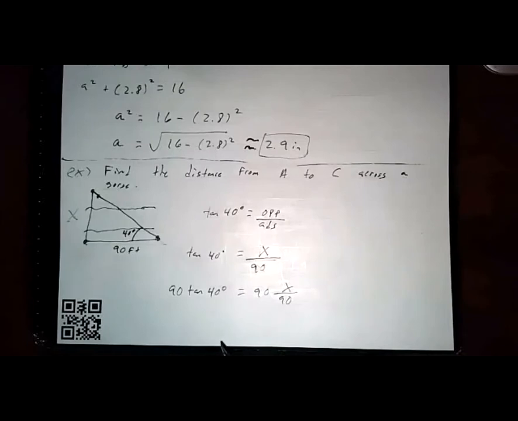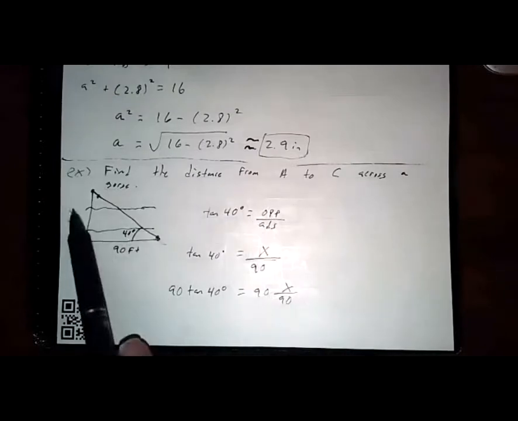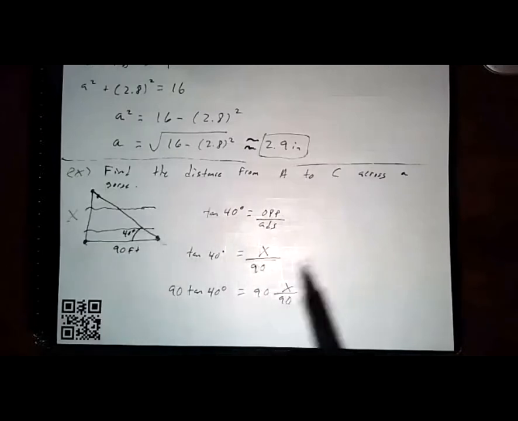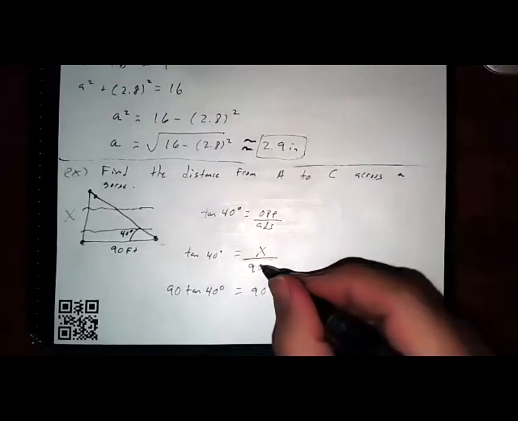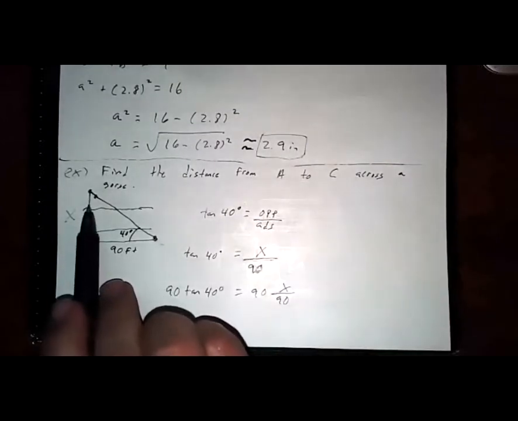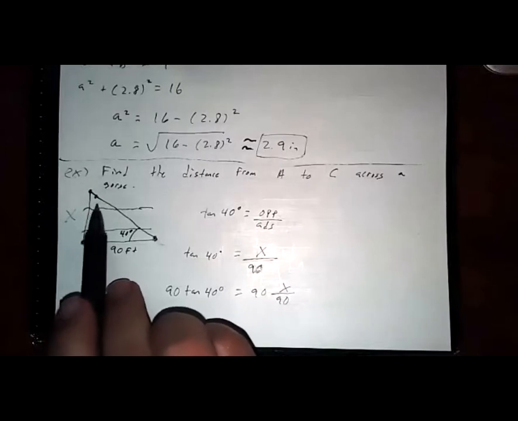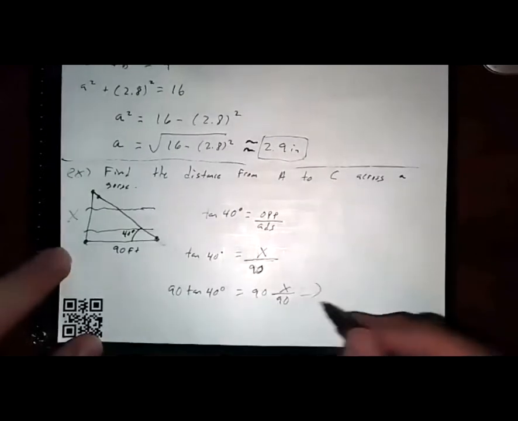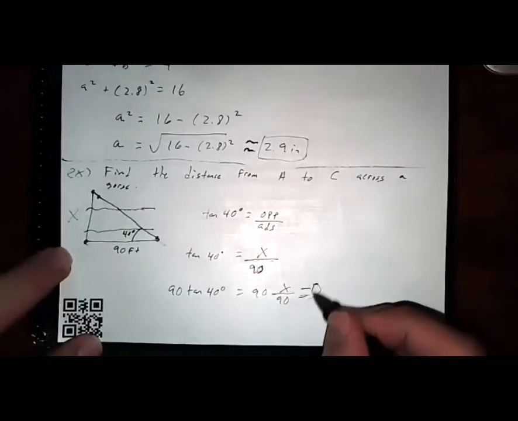Okay. So tangent of 40 is opposite from that angle, x, over adjacent to that angle, 90. That's always going to be that way. So I was saying earlier, like if your angle is up here, then your opposite and adjacent will change, right? So what is x? Let me put some arrows here.